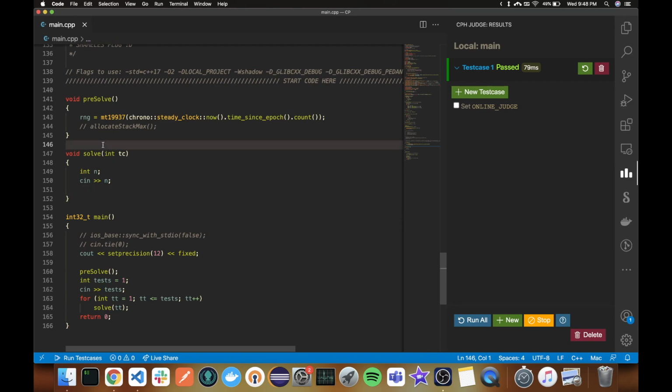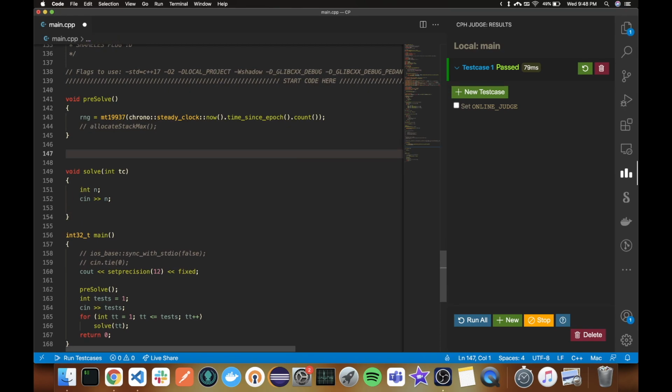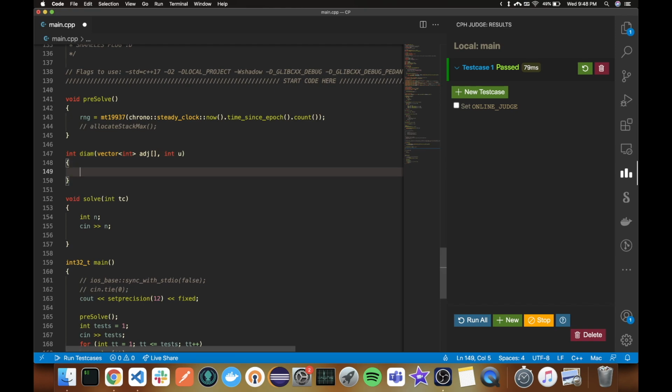Okay, so integer diameter, I'm gonna take adjacency, and what is the current root? Okay, then let's get the furthest.